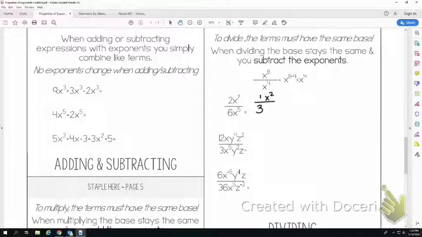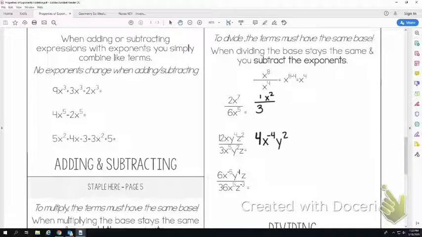I'm going to go ahead and do 12 divided by 3, which is 4. And then I've got 1 minus 5, so x to the power of negative 4. I've got y to the fourth divided by y squared, so 4 minus 2 is 2.